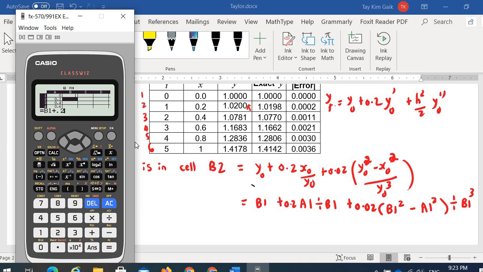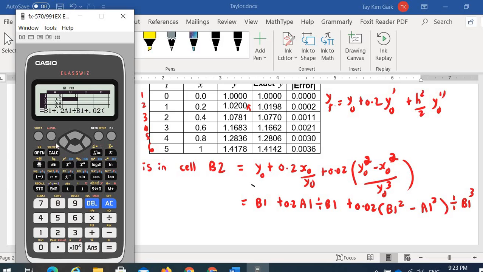So 0.2 times X0 divided by Y0, which is A1 divided by B1. Then plus h squared over 2, which is 0.02, bracket. This is Y double prime.